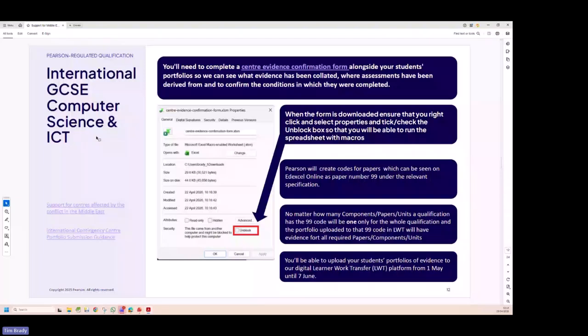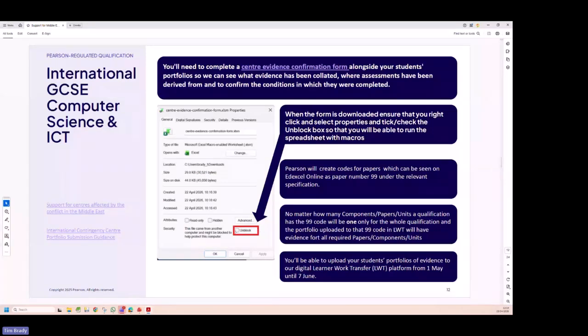Same here, you'll go to a place where you're asked to create a center evidence confirmation form, and this is the macro-enabled spreadsheet. So I'm again reminding you that you have to unblock that so it will work and enable macros. And then codes will also be created for the IG Computer Science and the IG ICT, which will have the number 99.